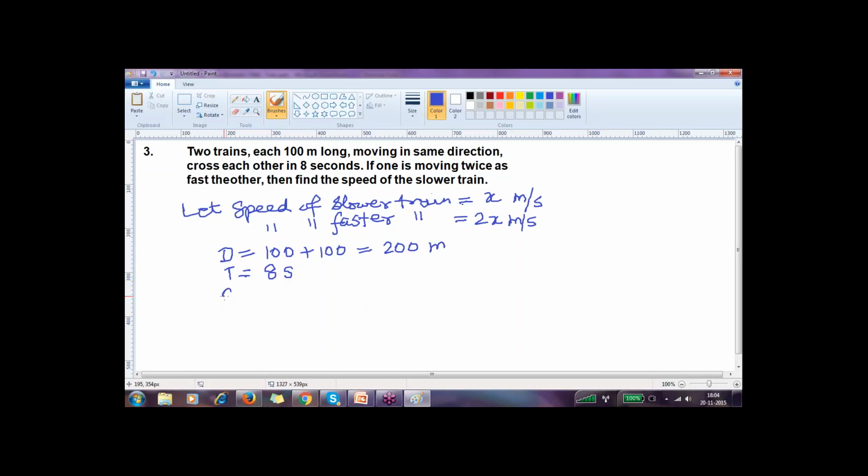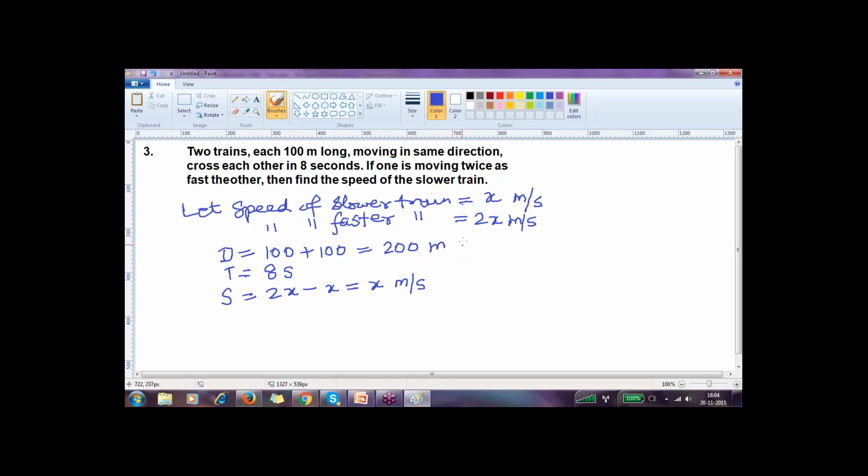And speed is what? Since both the trains are moving in the same direction, the speed will be the difference of both the speeds, which is 2x minus x is equal to x meters per second, which means that the faster train will cross the slower train at x meters per second.